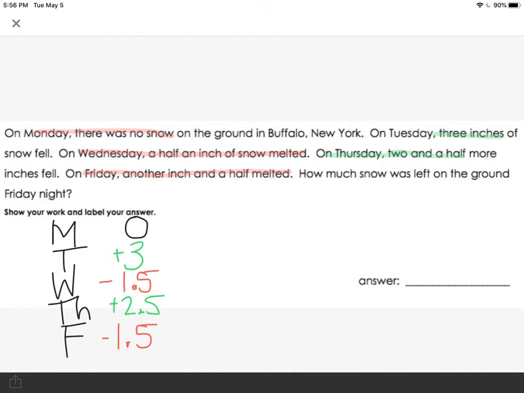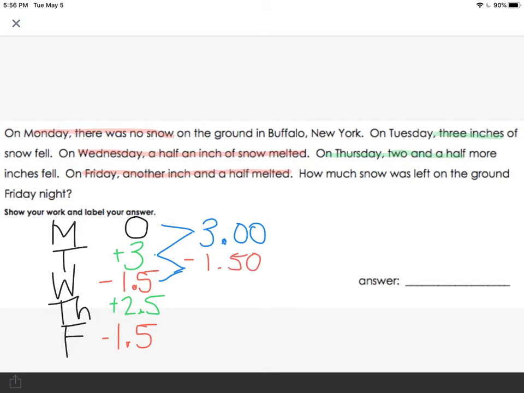So I'm going to start with Monday. So 0 plus 3, that equals 3. 3 point nothing. It's not 3.5, it's just 3. 3 whole. All right, between Tuesday and Wednesday, we lost 0.5. Minus 0.5.